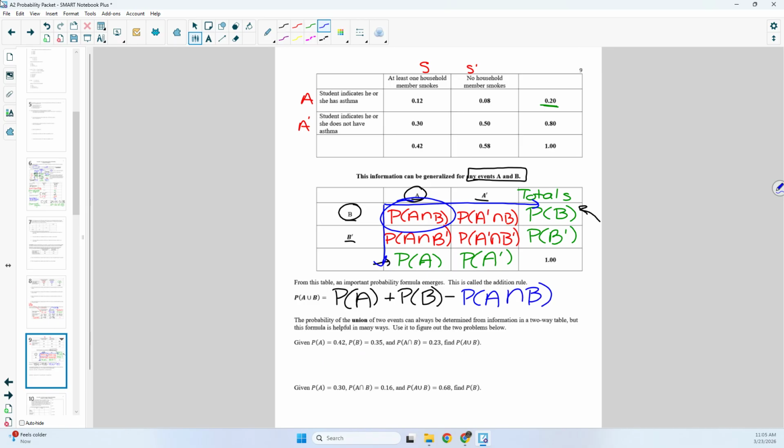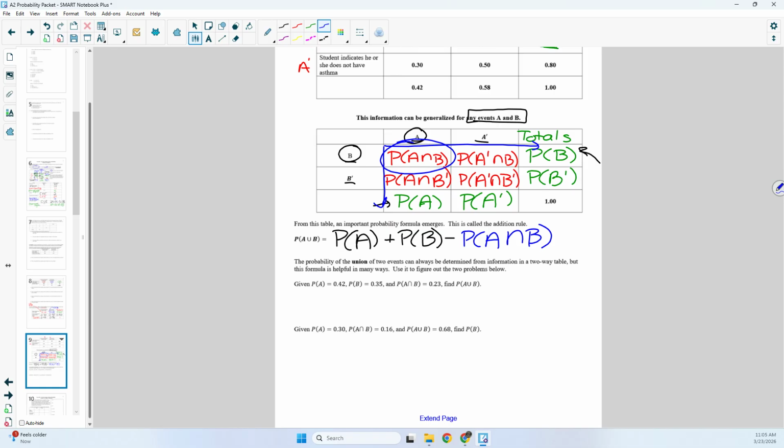This is the addition rule for probability. Anytime I want to find the probability of the union of two events, I need to add the two probabilities together and then subtract their intersection. The way this would look, I'm given these probabilities. I don't even have a table. I could fill it out, but the formula is a quicker way when I want to find the union of the two events.